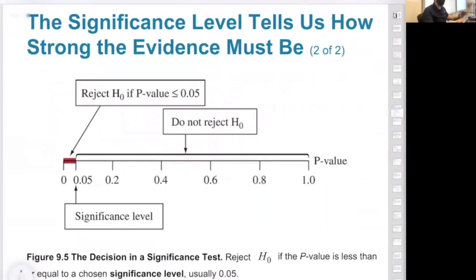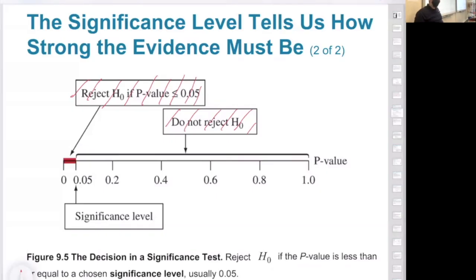This is just a chart about the p-value, the significance level and the decision rule. We reject H naught if the p-value is less than or equal to 0.05, and we don't reject H naught if the p-value is greater than 0.05.